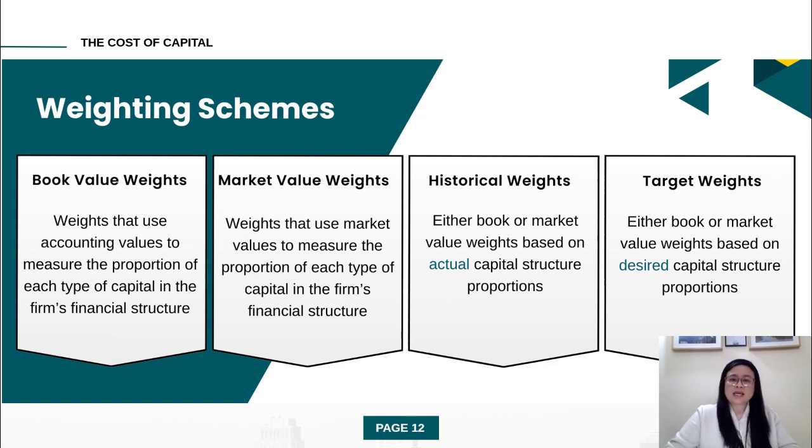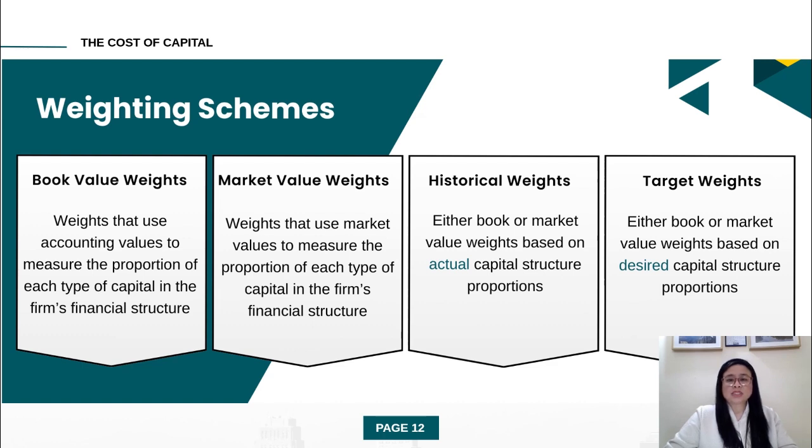And lastly is the target weights. It is based on the company's desired planned proportion of capital. For example, if a firm wants to maintain a 50% equity and a 50% debt structure in the future, it will use those target weights.